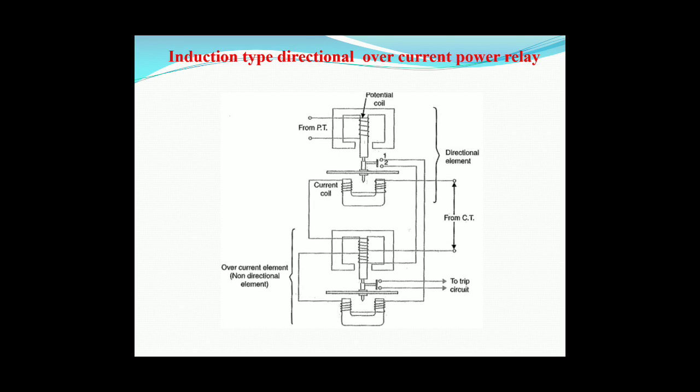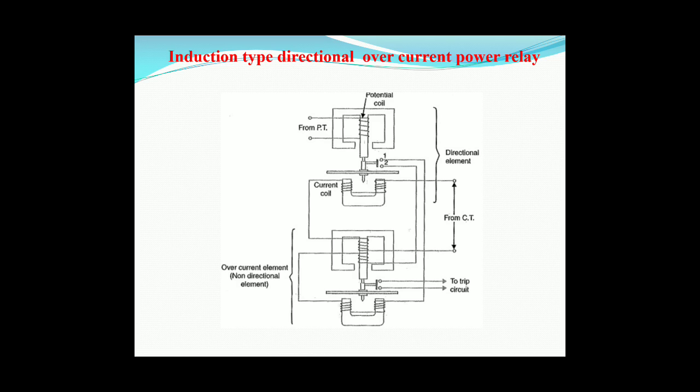This is the operation, construction and working of directional relays. Basically the directional relays are classified into two types: the induction type directional power relay and the induction type directional overcurrent power relay.